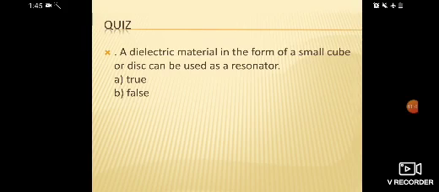Please note this question. The answer is true. A dielectric in the form of a small cube or disc can be used as a resonator. So this is the answer.